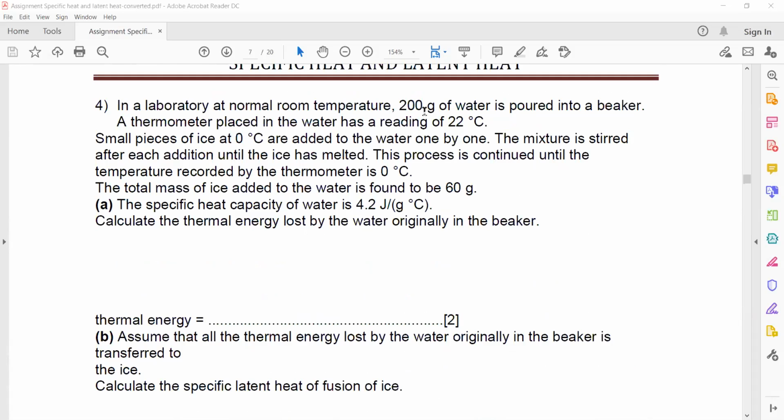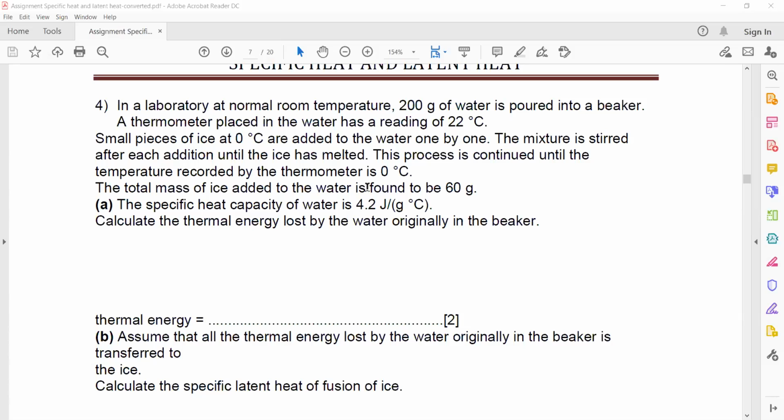In the lab, at normal room temperature, 200 gram of water is poured into a beaker. The thermometer placed in the water reads 22 degrees. A small piece of ice at 0 is added to the water one by one. The mixture is stirred after each addition until the ice has melted, and the process continues until the temperature shown by the thermometer is 0.